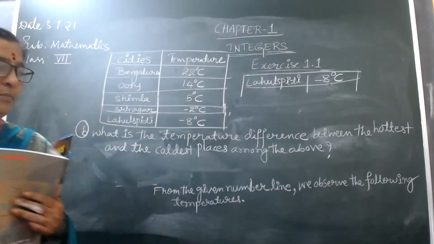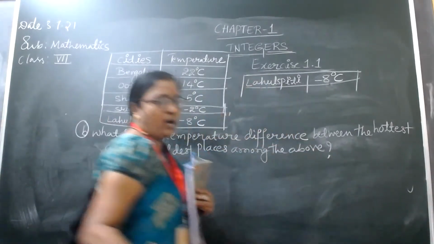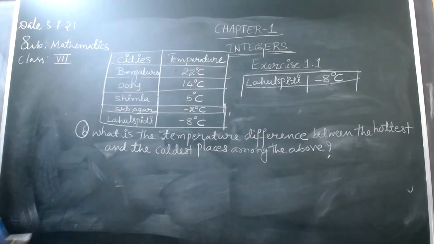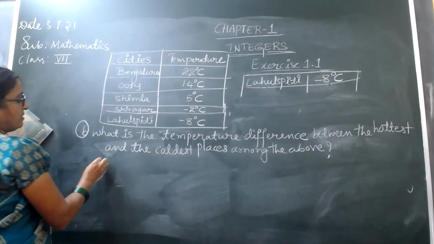This is question number 2: What is the temperature difference between the hottest and the coldest places among the above? So students, write down the solution for question B. Solution.